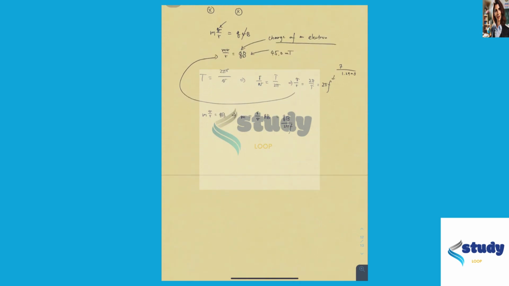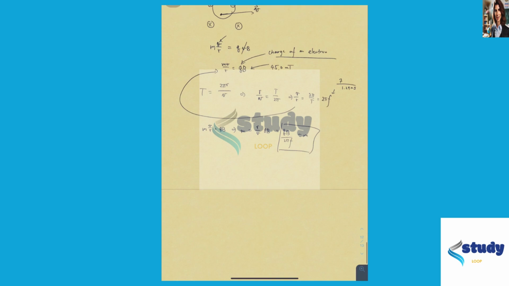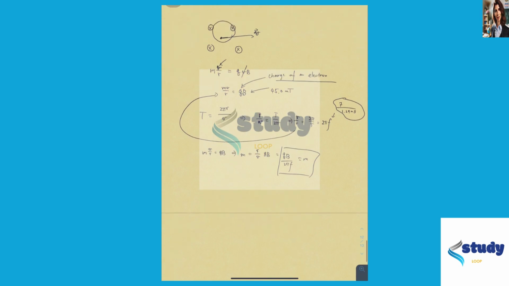Now we're done. This is the mass. We know the charge. We know the B field. We know pi. It is 3.14 something. And we know the frequency. The frequency is here, 7 divided by 1.29 milliseconds. And if you gather all of these constants and plug them into your calculator, it will give you the answer.